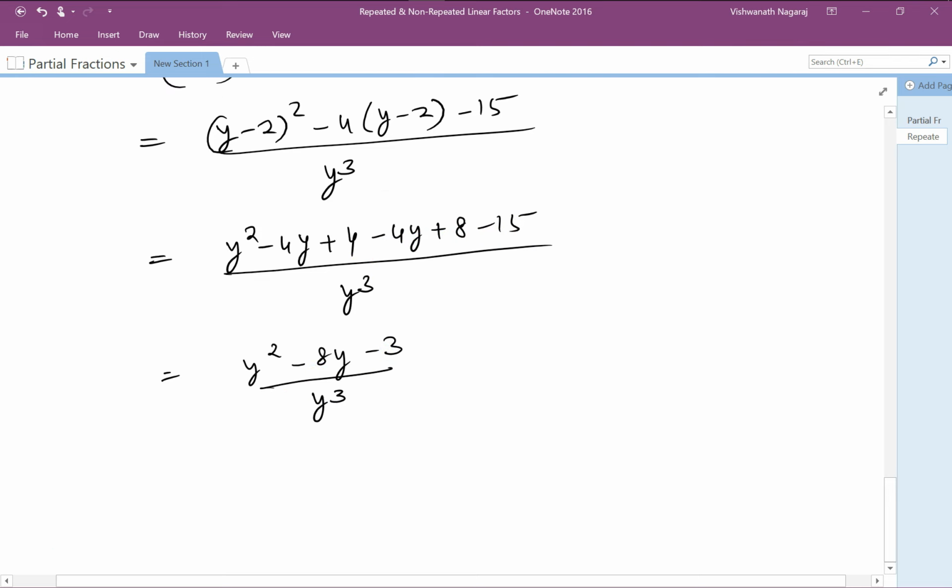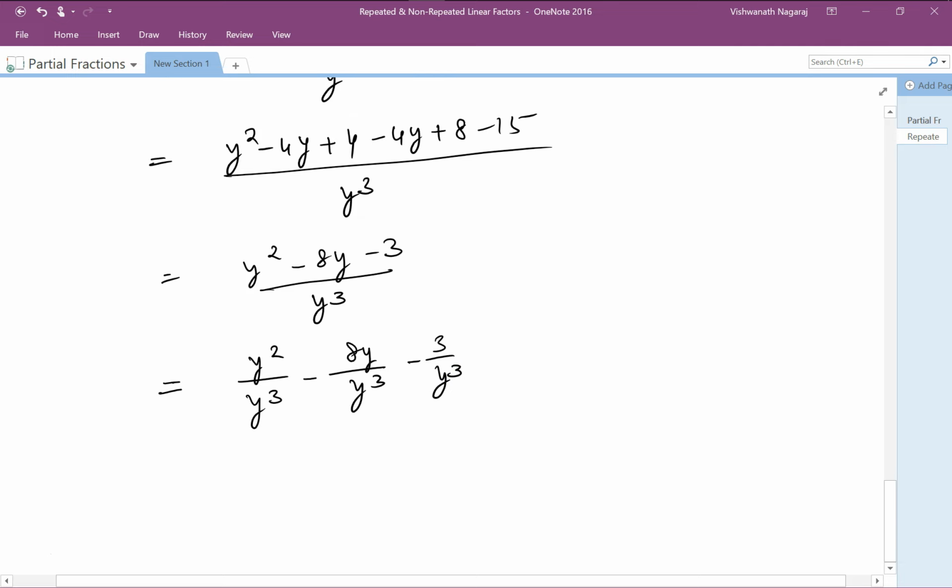We can split this fraction because there is only one single term in the denominator. So y square by y cube minus 8y by y cube minus 3 by y cube. If we reverse the process, if we take the LCM and do it, we'll get back the previous expression. So now, 1 by y minus 8 by y square minus 3 by y cube.